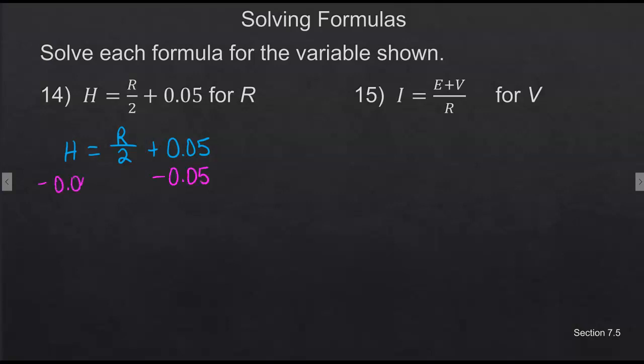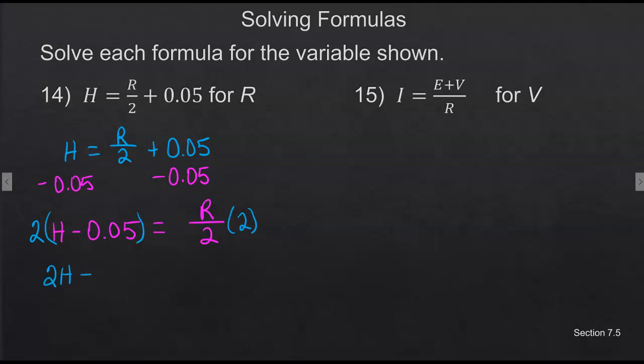0.05. So h minus 0.05 equals r divided by 2. Now I'm going to multiply both sides by 2. And in this case, we actually have to make sure that we multiply everything on the other side by the 2, not just the h, so be careful there.